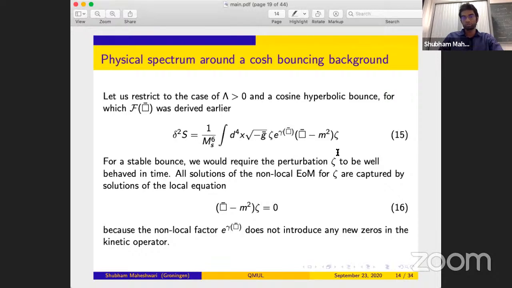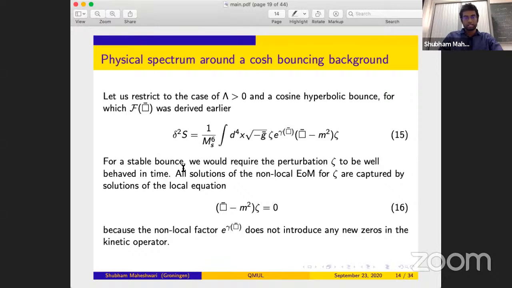You have one pole at box equals m squared, and this exponential factor, exponential of gamma of box, where gamma is some unknown entire function. It cannot be fixed at this point, but the simplest choice could be just box itself. This is the quadratic action for the scalar mode around a cosh-like bounce.